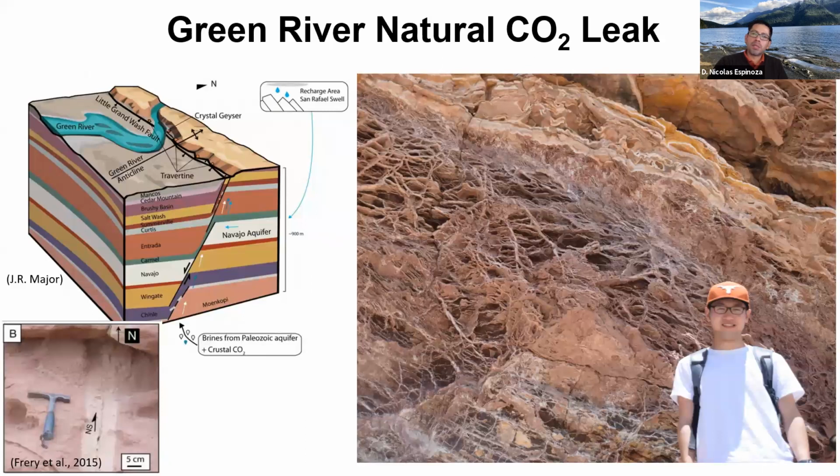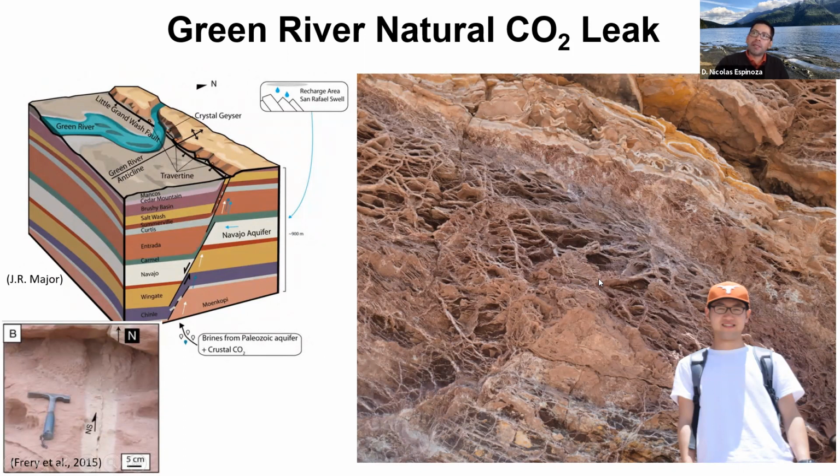And we have done some studies related to this, measuring the changes of properties. This is a field trip that we did to Utah to examine a fault and measure the changes of the geomechanical properties exposed to millions of years of a CO2 leak.